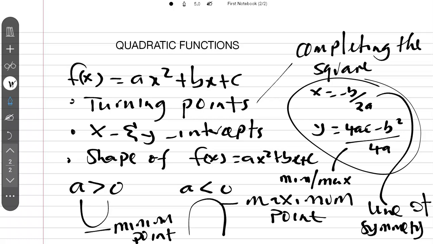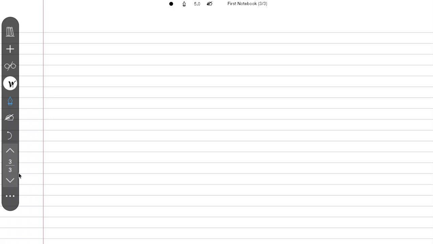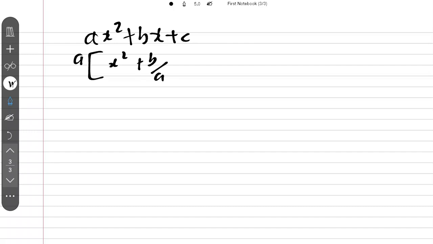Okay, so now let's see how you can complete the square for a quadratic function. If you have ax squared plus bx plus c, the first thing you do is factor out a. When you factor out a, you remain with x squared plus b over a x plus c over a.